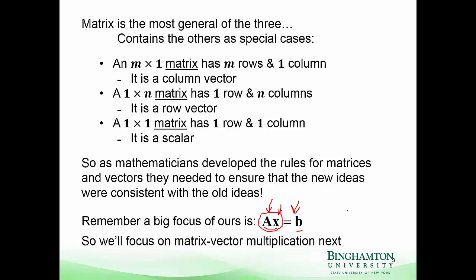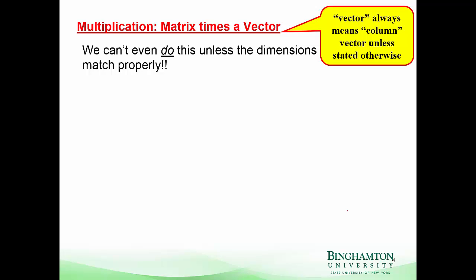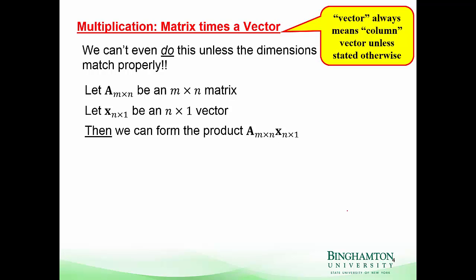So we need to take a look at this matrix vector multiplication. A matrix times a vector, and unless we say otherwise, when we say vector, we mean column. We can't even do a matrix times a vector multiplication unless the dimensions of the matrix and the vector match properly. So not every matrix can multiply every vector.